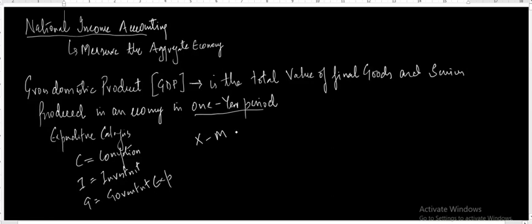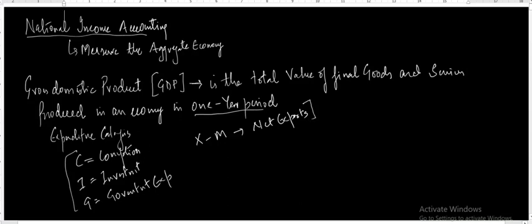Sometimes we call them net exports, where X means the exports and M means the imports. So these four categories, if we total them, are going to be called the gross domestic product.